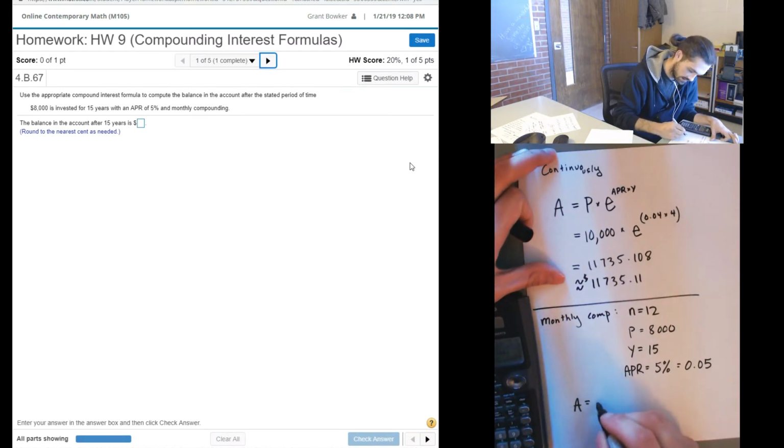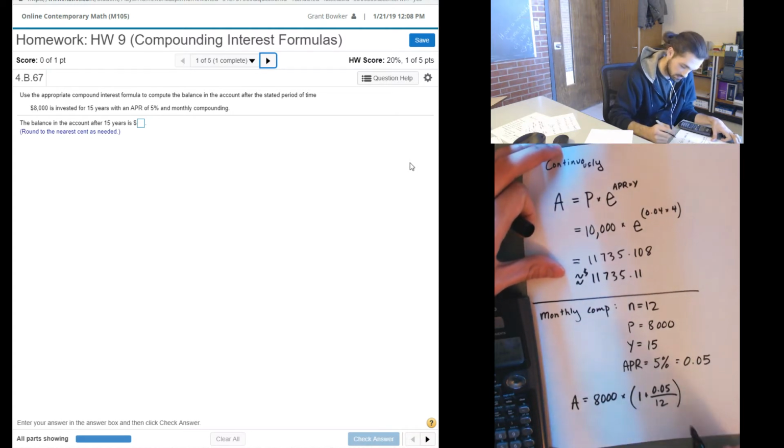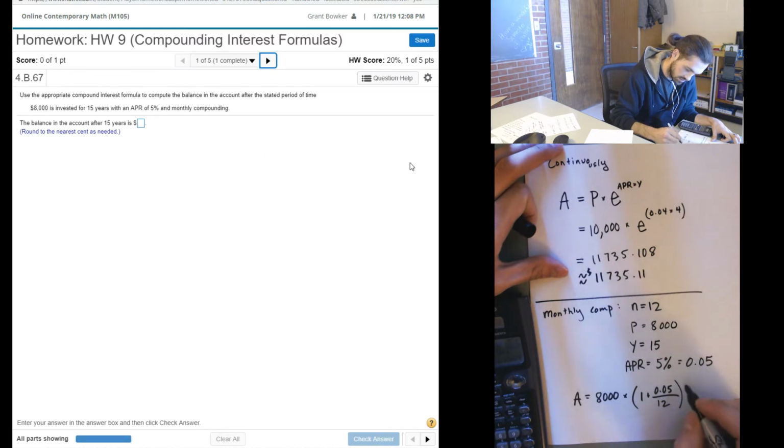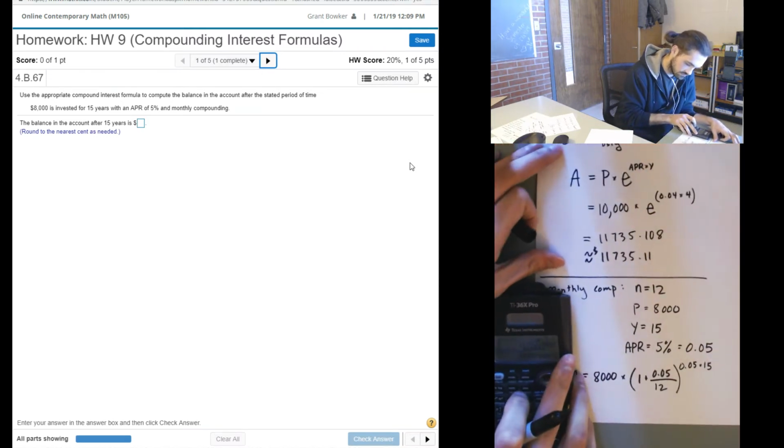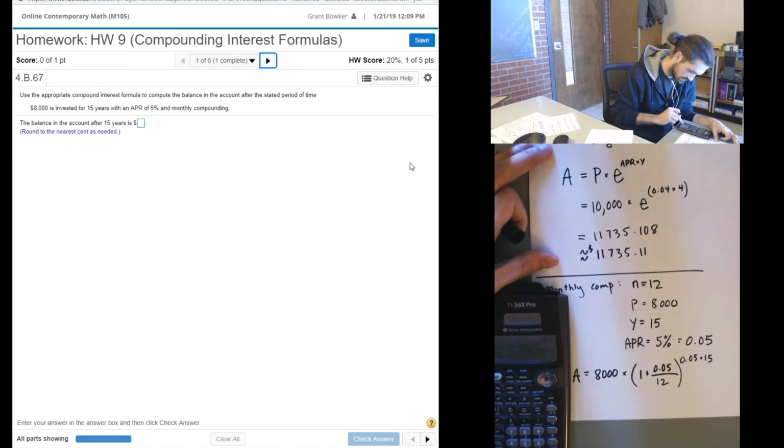So A is 8,000 times 1 plus 0.05 over n, which is 12. And then we're going to raise that to the APR times Y. 8,000 times 1 plus APR over n, all raised to the interest rate times the number of years.